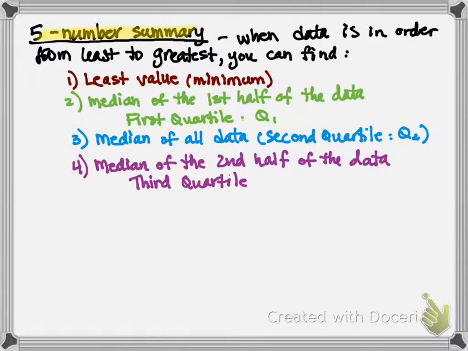Remember, quartile means quarters, and we're going to use Q and then sub 3 for that one. Now, rounding out our data is going to be our greatest value, or maximum.